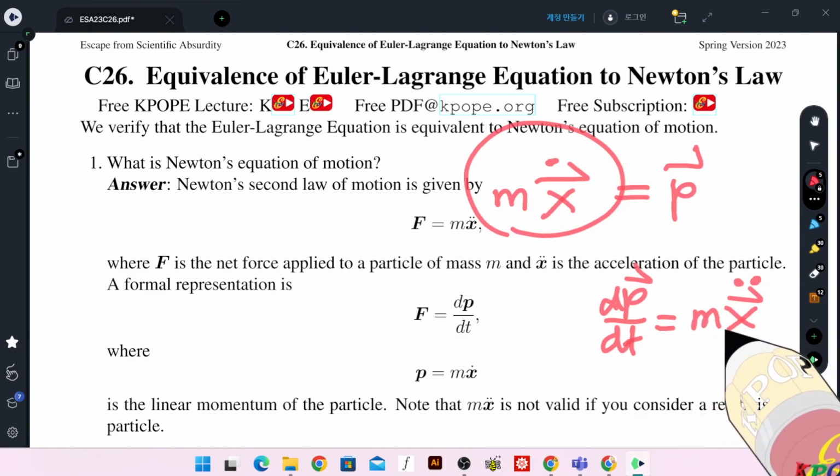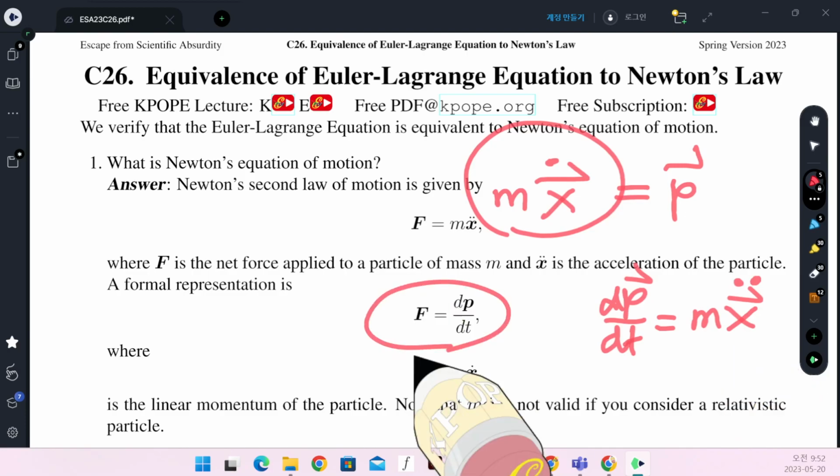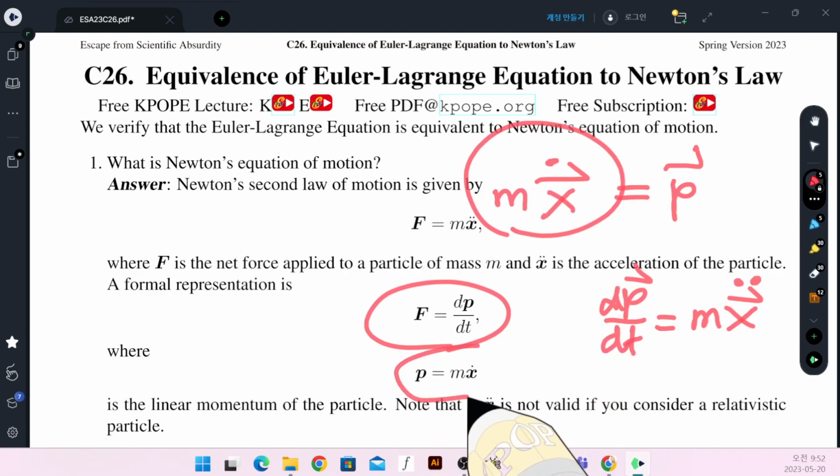In fact, mass has time dependence in relativity. So whether we restrict ourselves to non-relativistic cases or not, this is valid in Newtonian mechanics and relativistic mechanics too. Recall that linear momentum is mass times velocity.